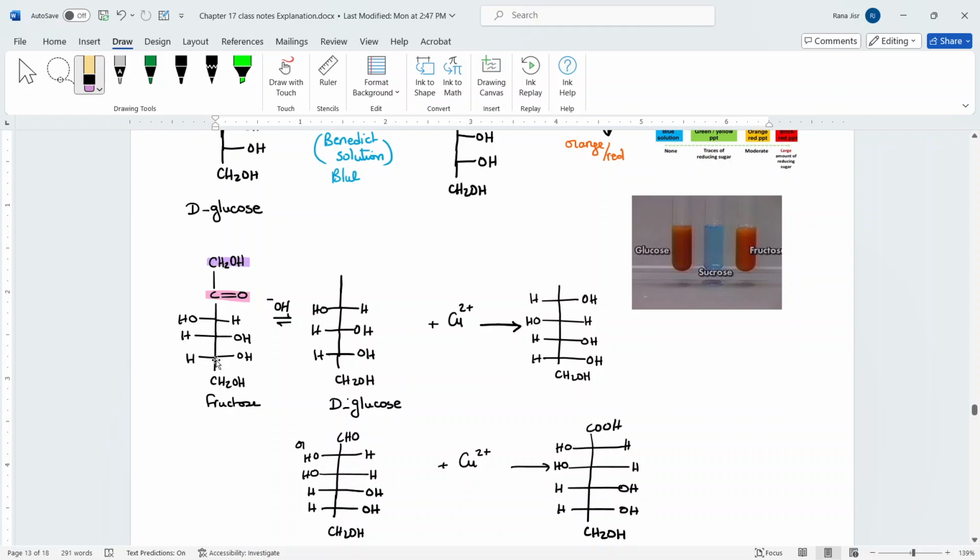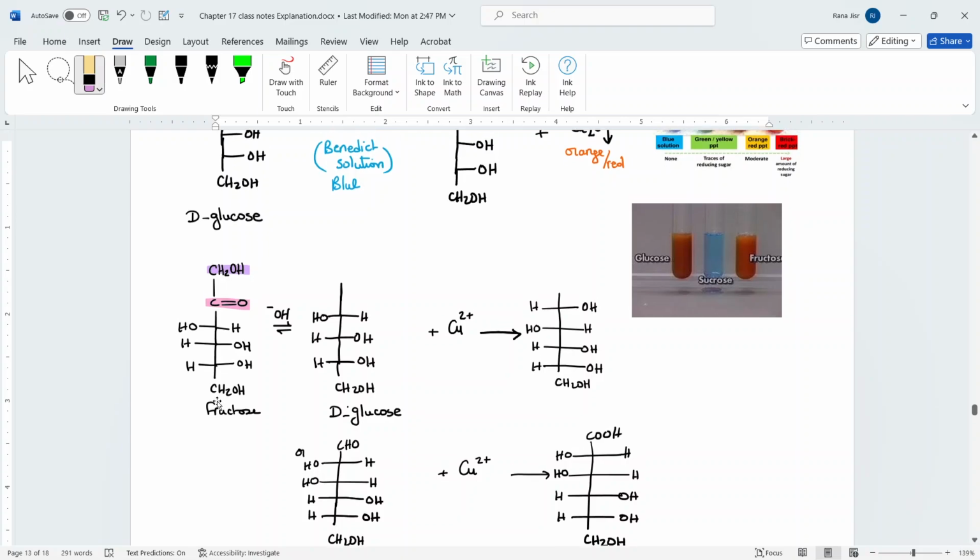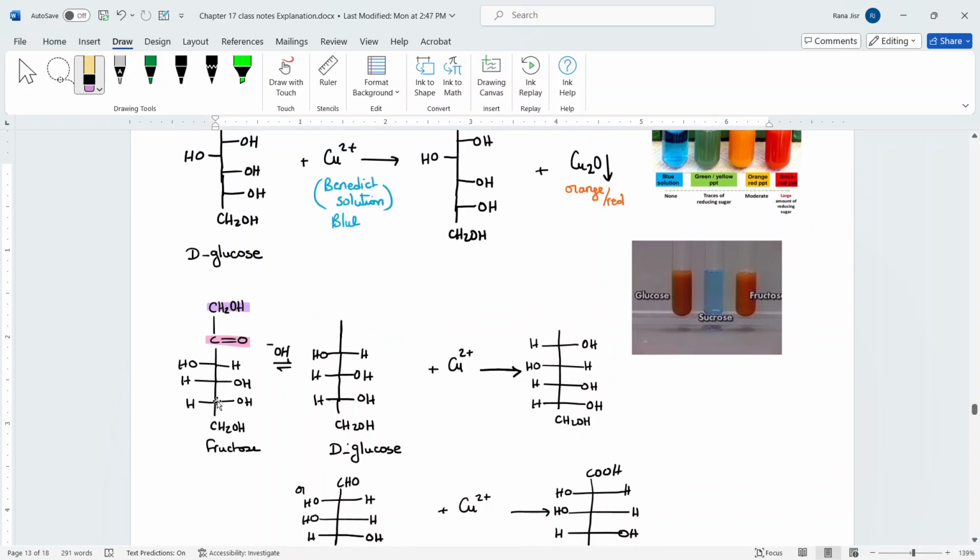Now for ketohexoses, like for example fructose, in the presence of a basic medium, because you are adding the copper hydroxide Benedict solution, so this is a basic medium, this is what happens. The carbonyl of the ketone changes into an alcohol, so you end up having an alcohol and the hydrogen.